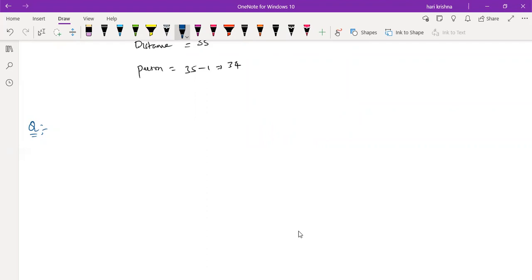So there is a class. Among the passed students, Nita is 22nd from the top.